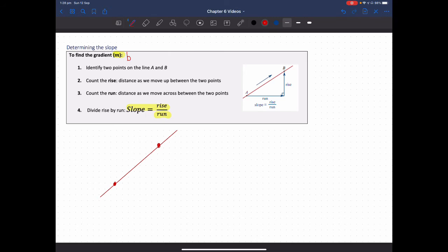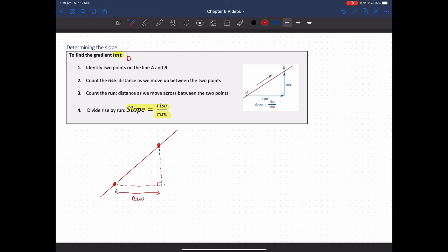I've just drawn a straight line here. So if I do a horizontal line going across and a vertical line going down until they meet at a right angle, the horizontal distance between 2 points we call the run.